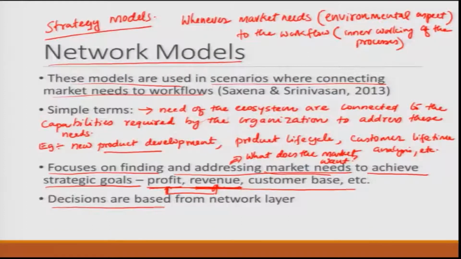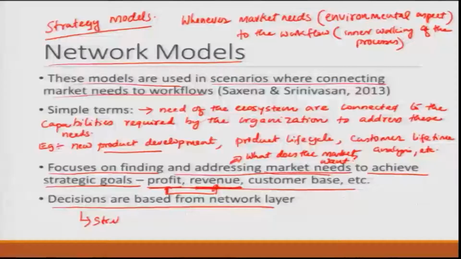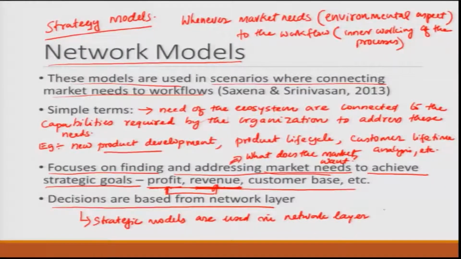Remember we studied in the previous class about the network layer, workflow layer and control layer. These strategic decisions, strategic models, are used in the network layer to make long term decisions.